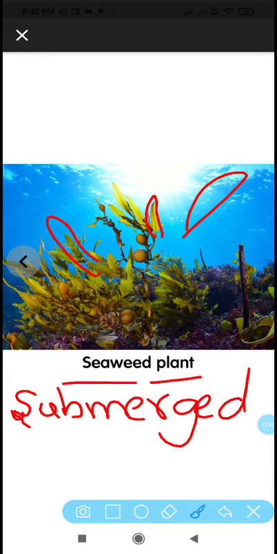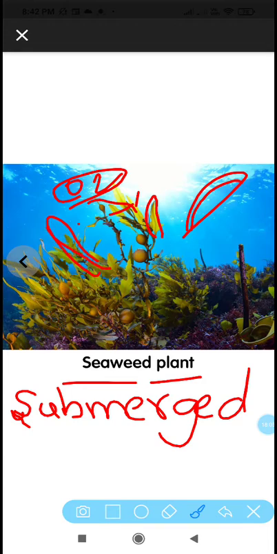They are utilizing the oxygen which is mixed in the water, not from the air.